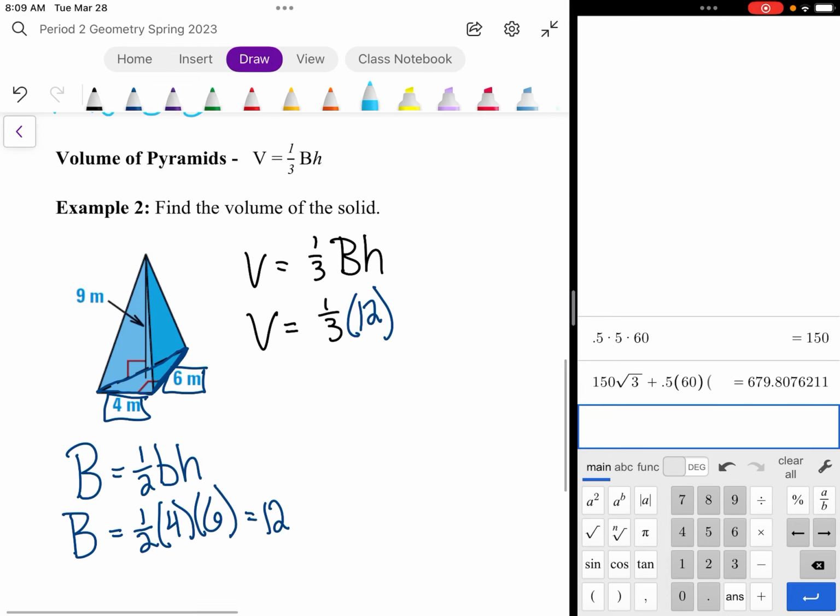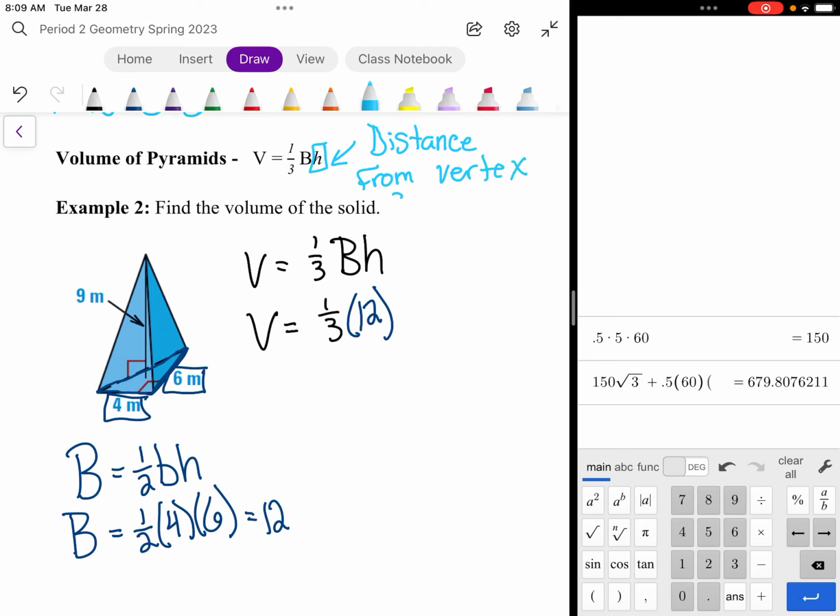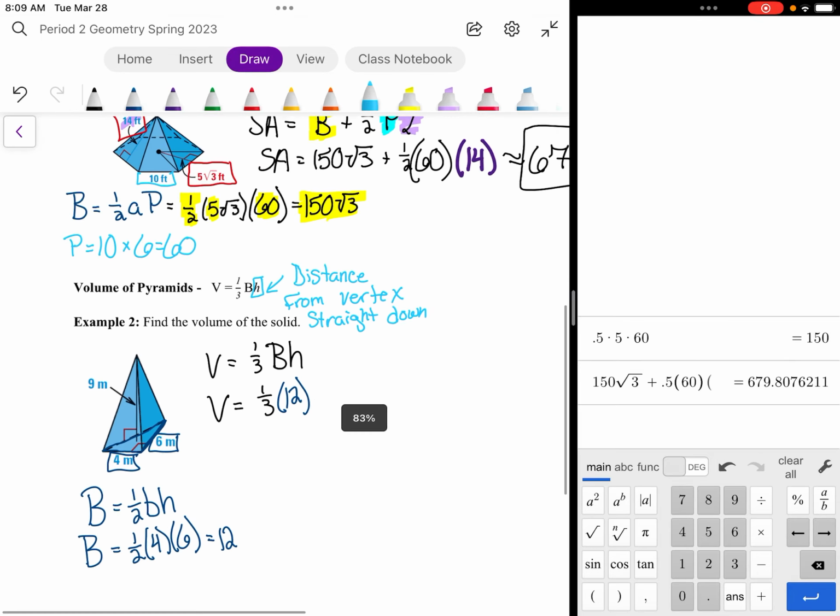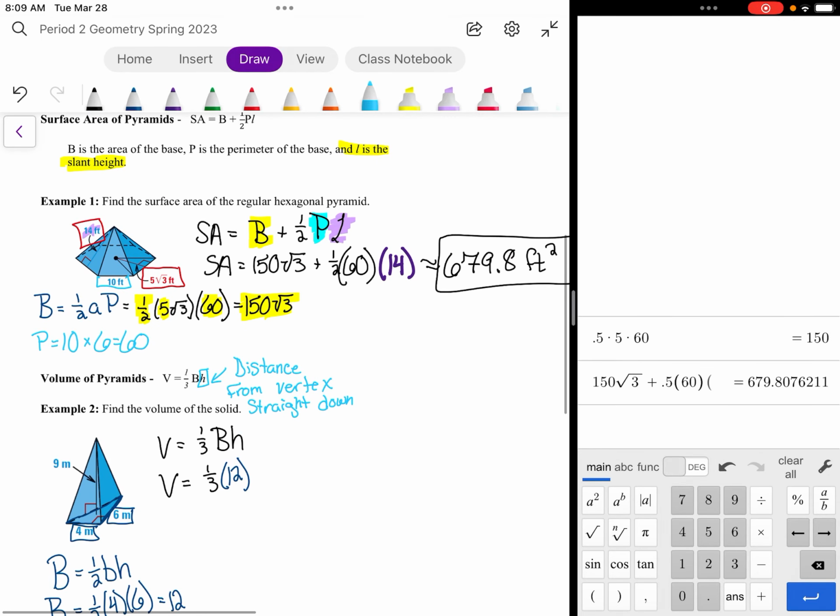For this one, when it's talking about the height, it's talking about the distance from the vertex straight down. So in the surface area formula, this one used the slant height.